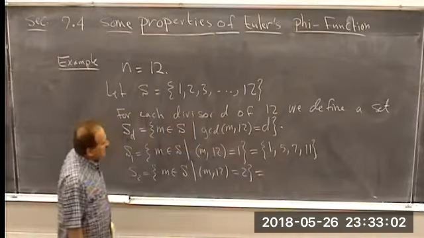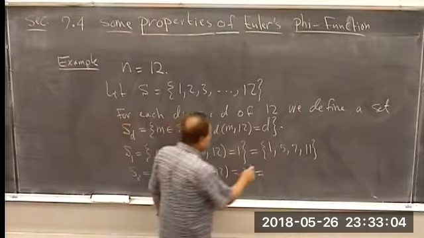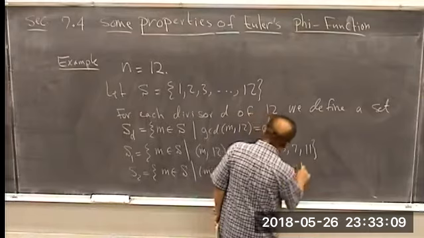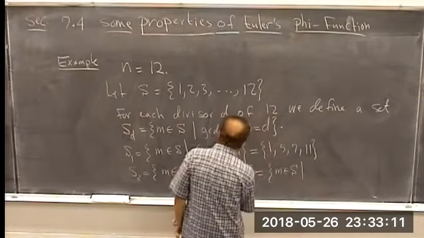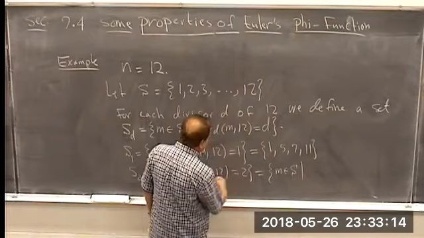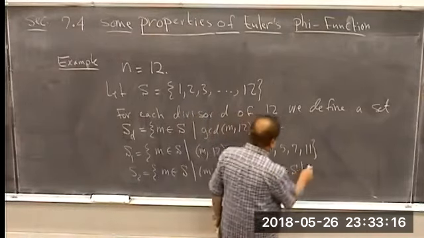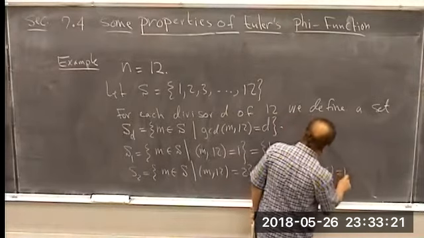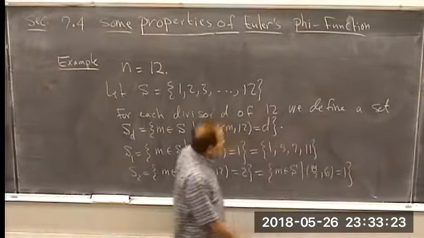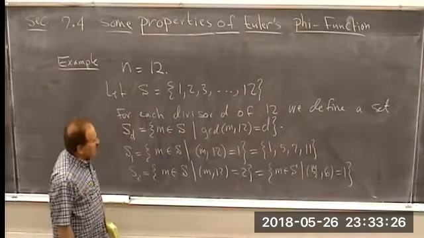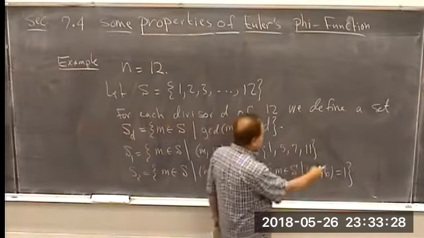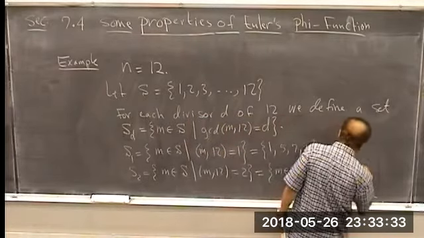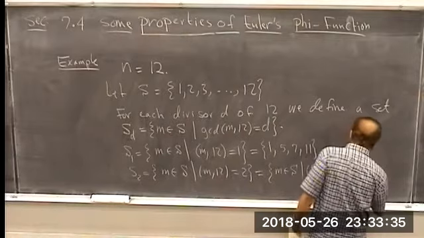Also, we can write this as m in S such that, dividing by 2, the gcd of m over 2 and 6 is equal to 1. So those are the integers m over 2 relatively prime to 6. And these numbers are 2 and 10.